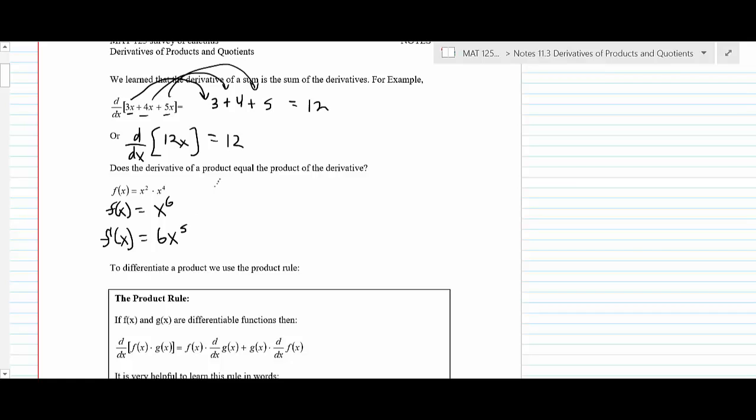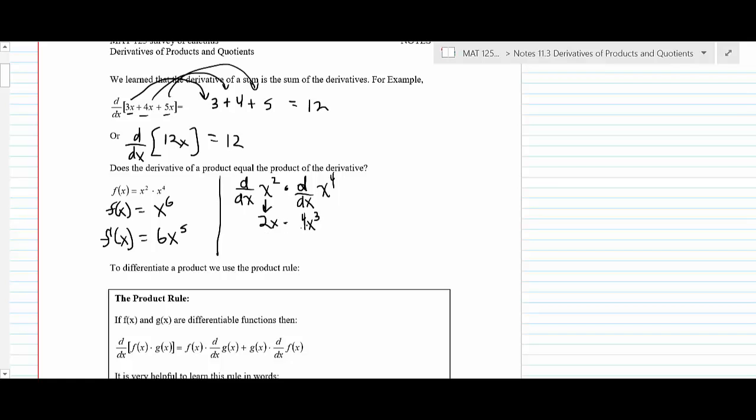So the question is, would it work if we did the derivative of x squared and then the derivative of x to the 4th and then multiplied them together? It seems like it might work. Let's find out. Okay, what's the derivative of x squared? 2x. How about the derivative of x to the 4th? 4x to the 3rd.